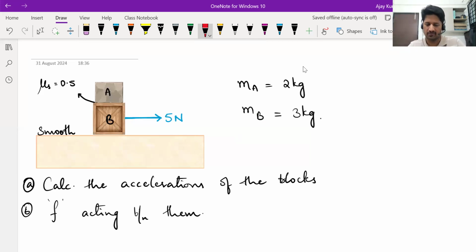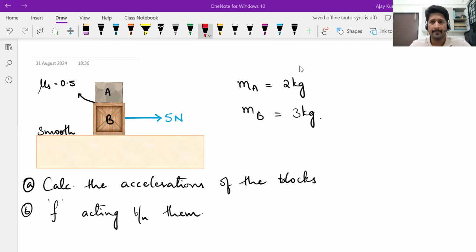We are applying force on one of them. We need to calculate both accelerations. Sir, what if we only use the F net equals MA formula for block B? If it is moving forward, then the same static friction will be applicable to B also, so that static friction will be acting on B. Then you have to consider that while calculating the net force.